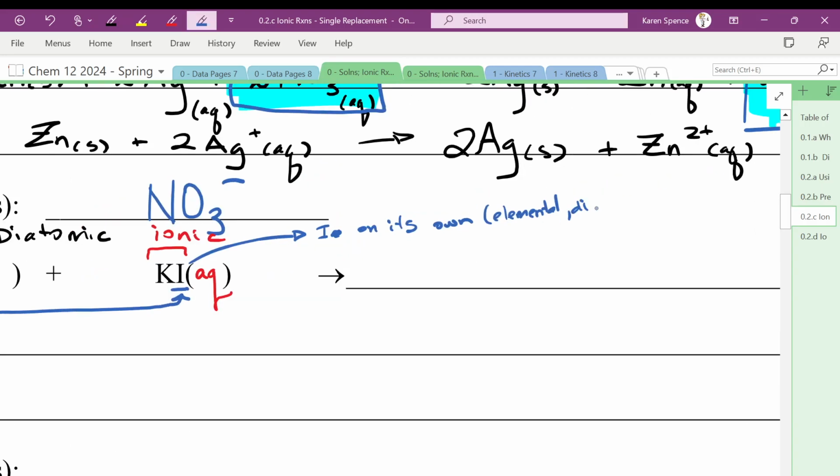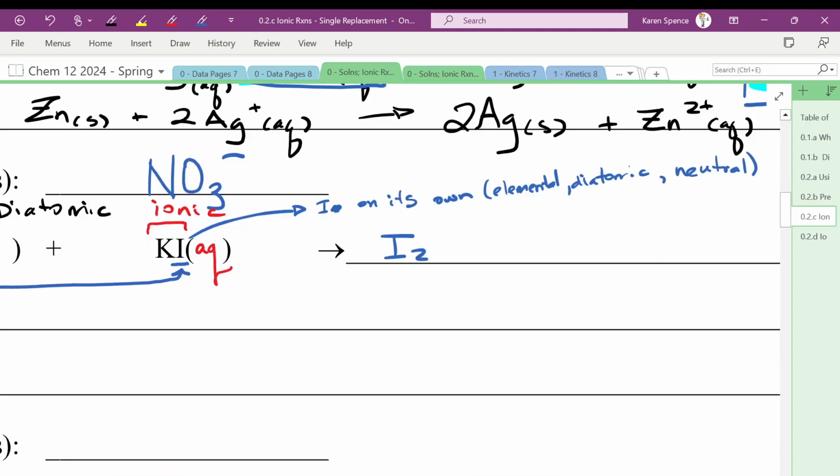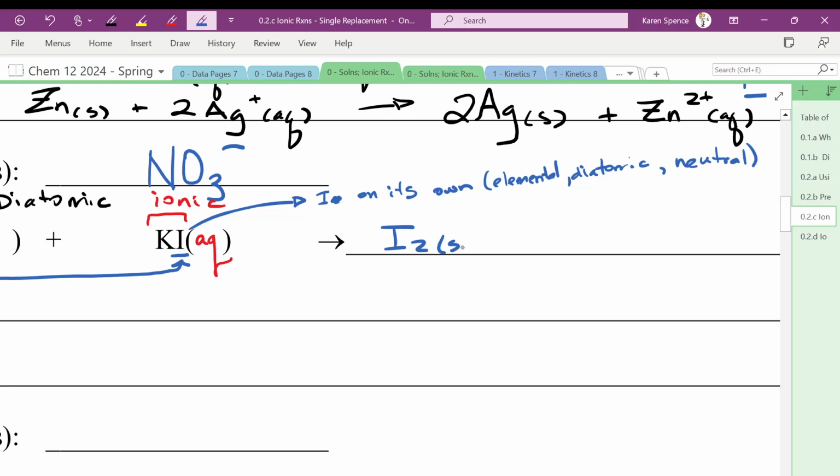It's diatomic and it is neutral. So we're going to write I2 over here. It just so happens that at the top of the page, I've told you that I2 is solid, but I don't really care if you know that or not, so you can look it up there, it's a solid. All right.